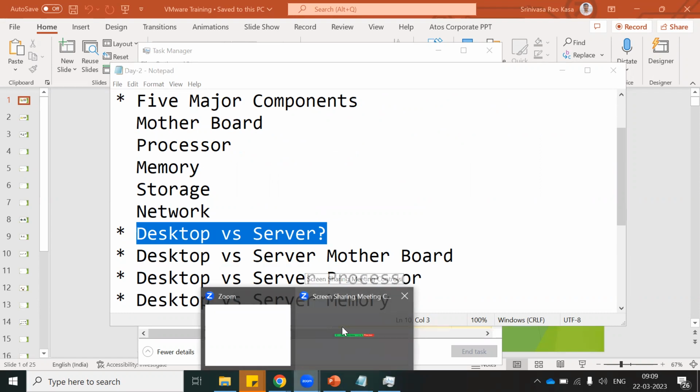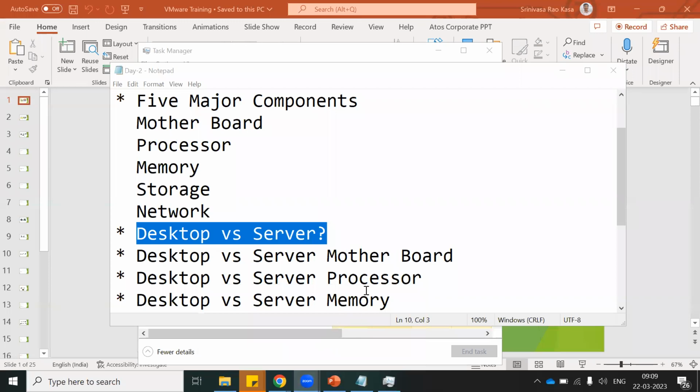Friends, it is a kind of interactive session. It is a virtualization course wherein you need to understand each and every topic from scratch. How does this picture of virtualization come into the picture? We need to understand the physical layer.